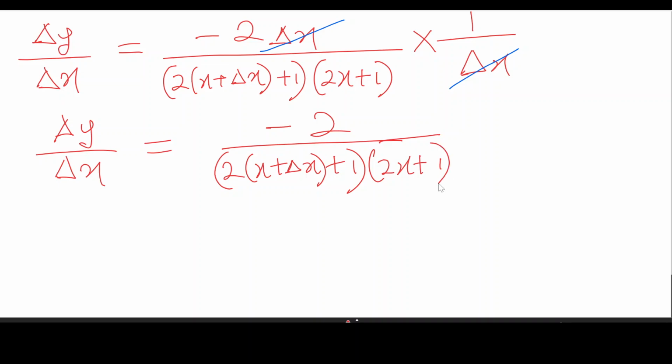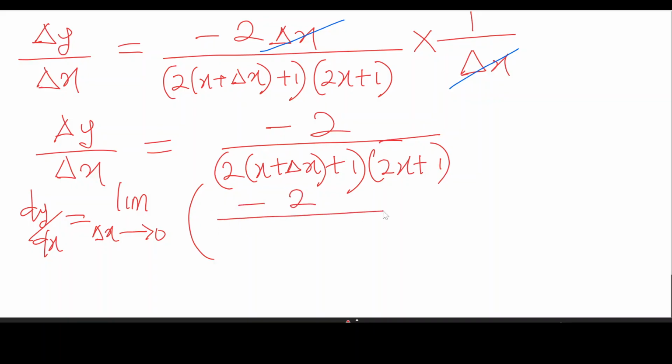So to get dy/dx, we're going to be taking the limit as delta x tends to 0. So dy/dx equals the limit as delta x tends towards 0 of, so it means you are going to be putting delta x equal to 0 on the right hand side. So that's going to be minus 2 over 2 in bracket x plus delta x is 0, and plus 1.